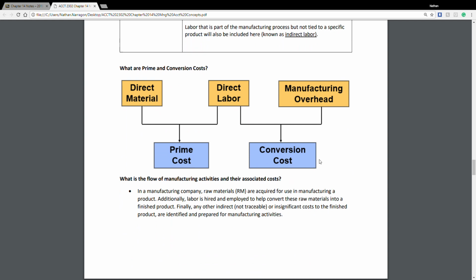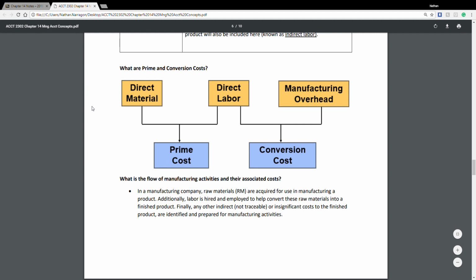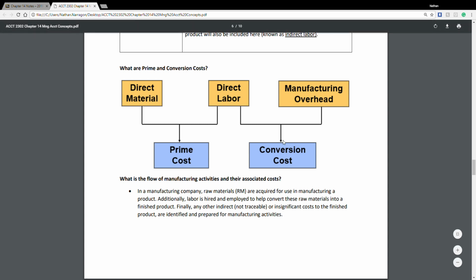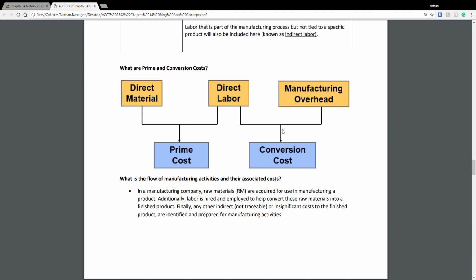So there we go. There is a conversion cost. Conversion cost, prime cost. Again, these two are other ones. Basically McGraw-Hill likes to change it up with a few others, and we'll get into that later on in other chapters. So don't worry, if we see a new term, you know I'm going to explain it to y'all.